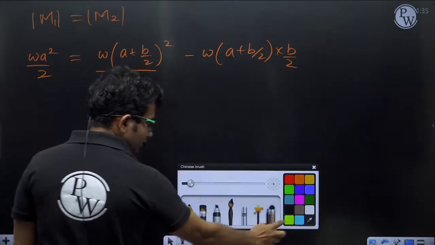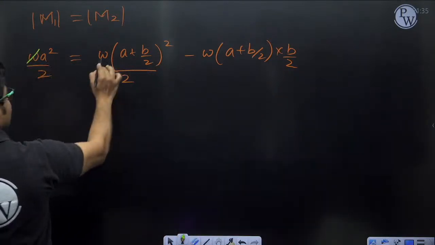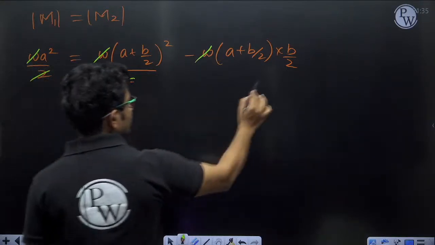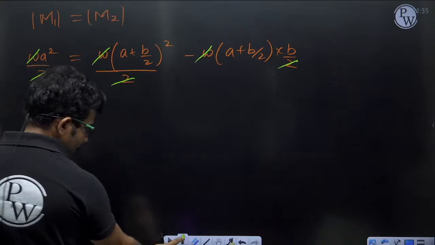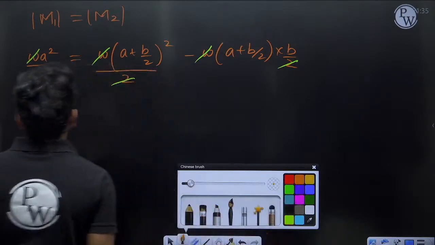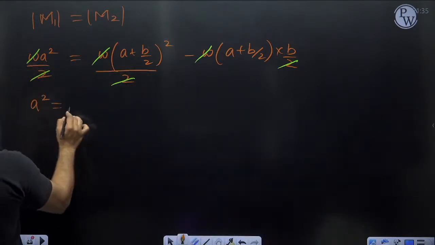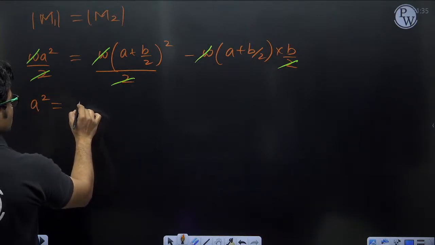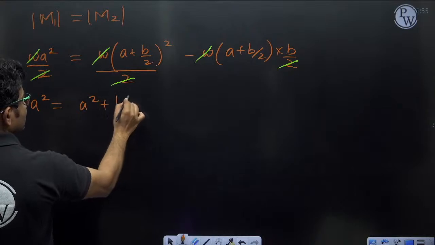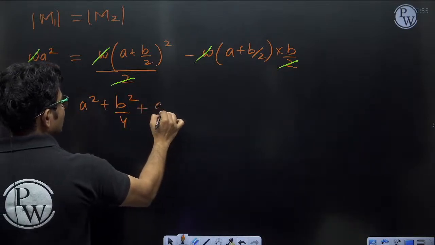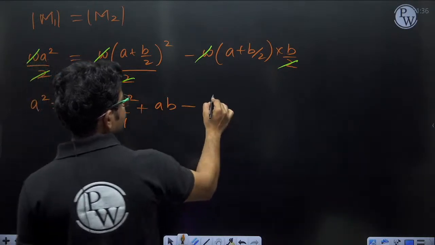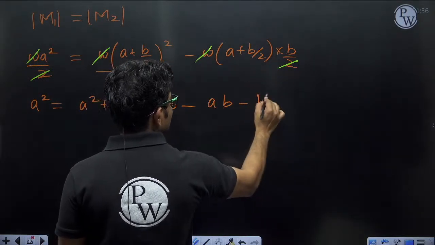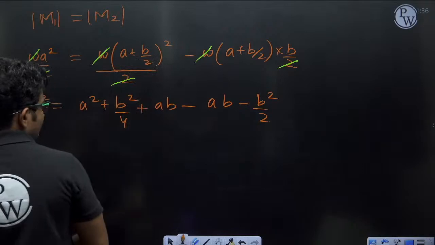So w will be cancelled, and the divided by 2 terms will be cancelled. What will I get finally? Finally, a² will be equal to a² plus b²/4 plus ab, minus ab, minus b²/2.